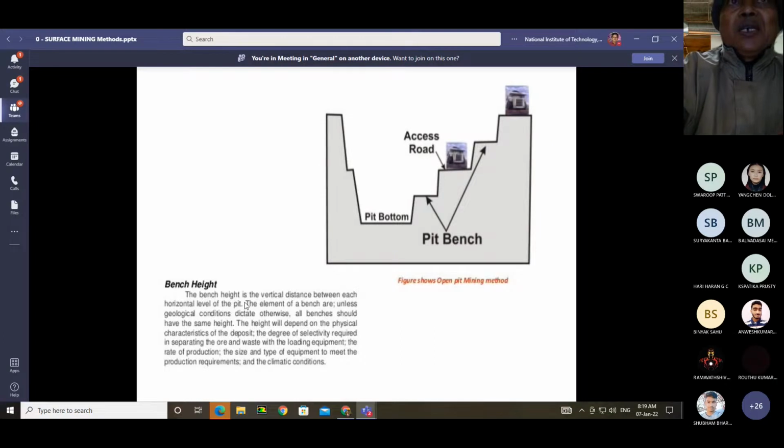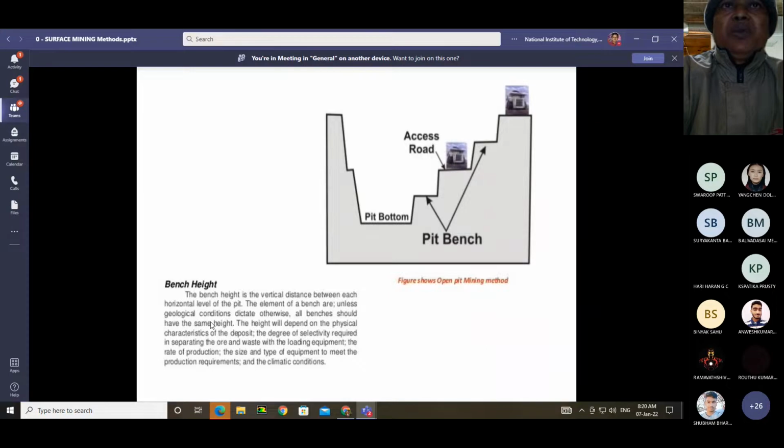The bench height is the vertical distance between each horizontal level of the pit. Unless geological conditions dictate otherwise, all benches should have the same height.